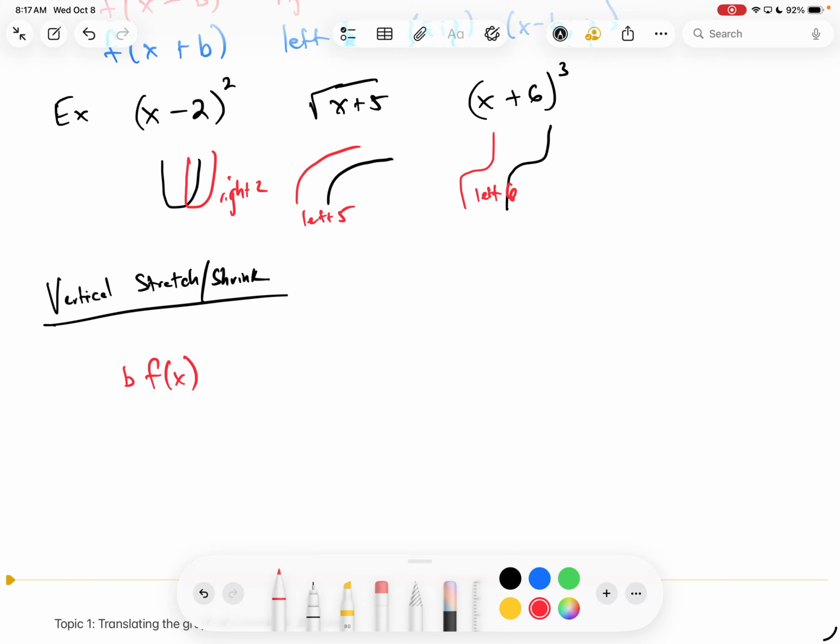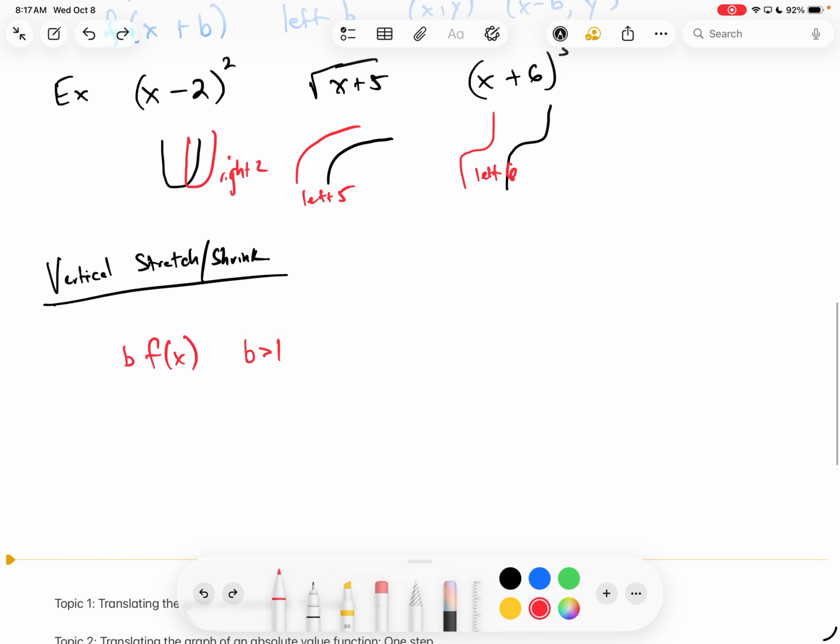I would say if b is greater than 1. So to me, what I think about is any integer bigger than 1. If I multiply it by anything greater than 1, it is going to vertically stretch it.